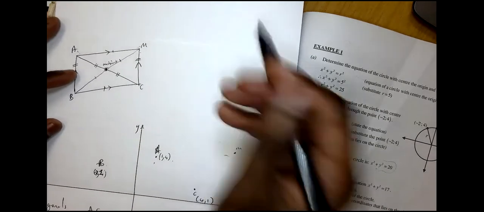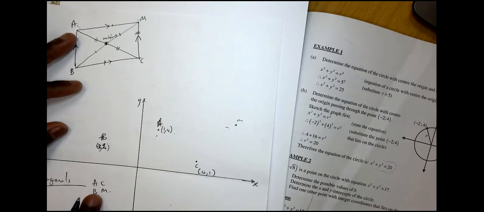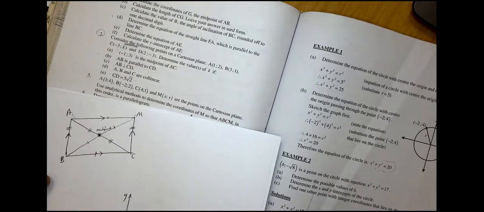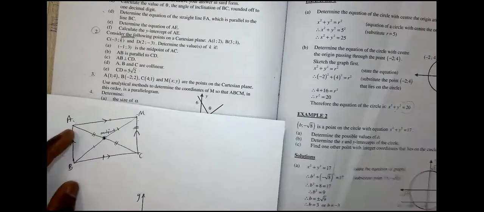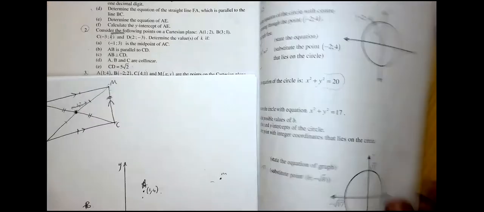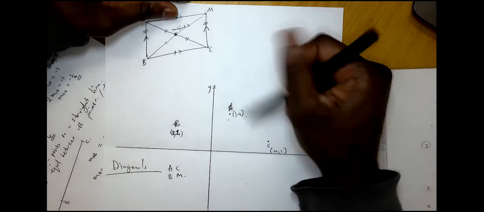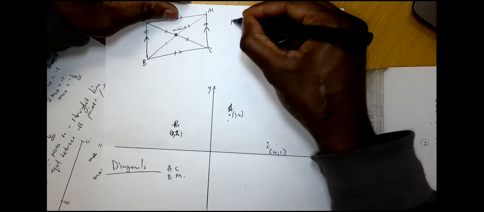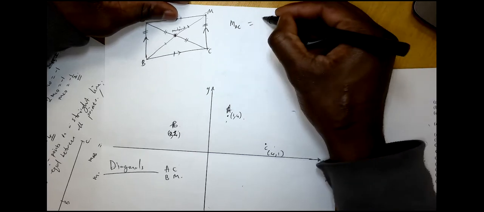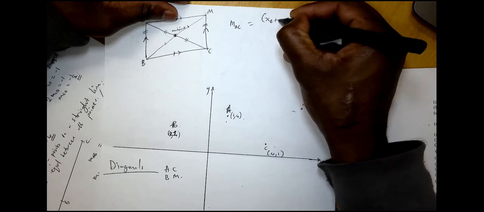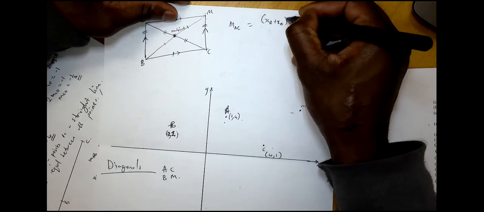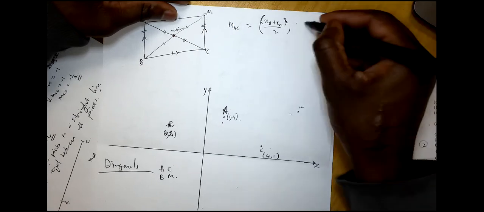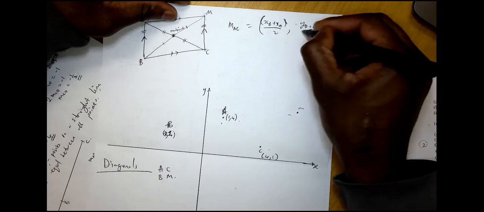We have the coordinates for A and C, but we don't have the coordinates for M. So we say, the midpoint of AC is equal to (xb plus xa over 2, yb plus ya over 2).